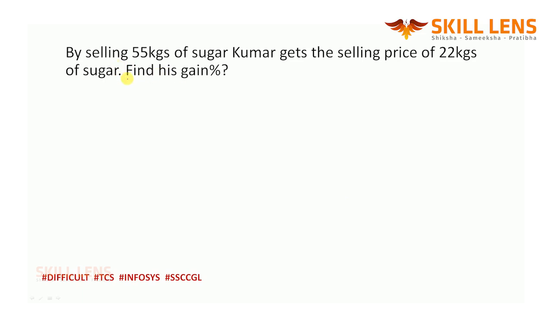What does the question talk about? Okay, by selling 55 kgs of sugar. Guys, tell me one thing. He is getting what gain? Gain means what? Profit. What is the basic profit formula? Selling price minus cost price. He sold how many kgs? 55 kgs.